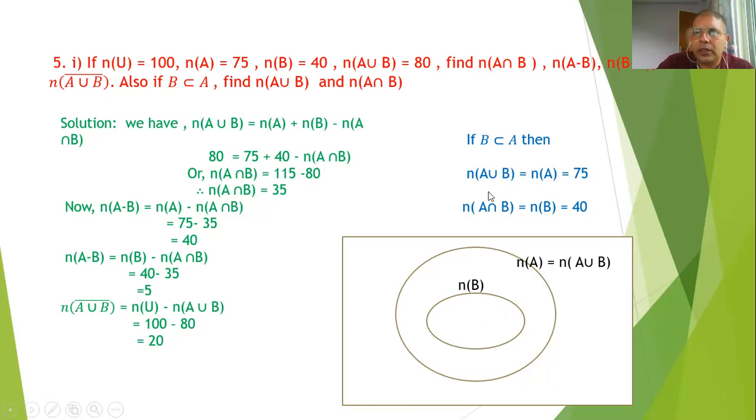Okay. So here, if B is a subset of A, then you can write down n of A union B is equal to n of A is equal to 75, and for this n of A intersection B is equal to n of B, and it is your 40. So it is the completion of question number 5.